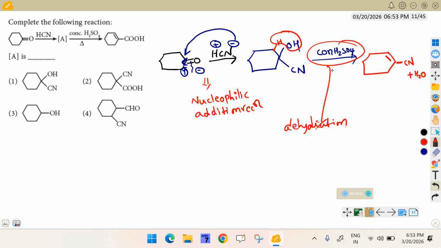Now we know that the byproduct is H2O. H2O easily reacts with cyanides. Cyanides undergo hydrolysis, then it gives carboxylic acids. Further reaction is also possible and it gives carboxylic acid as the product. Compound A is the first option.